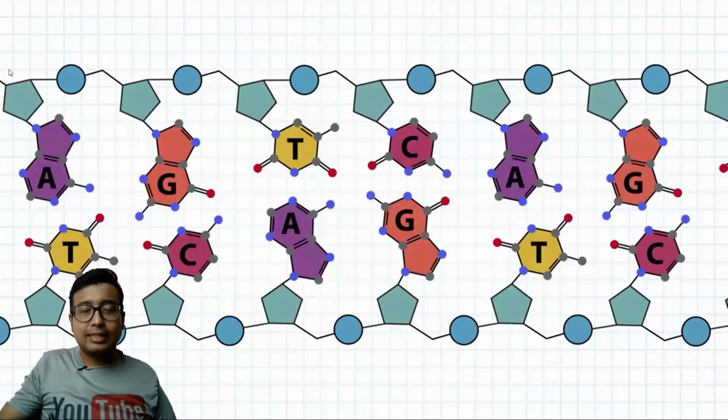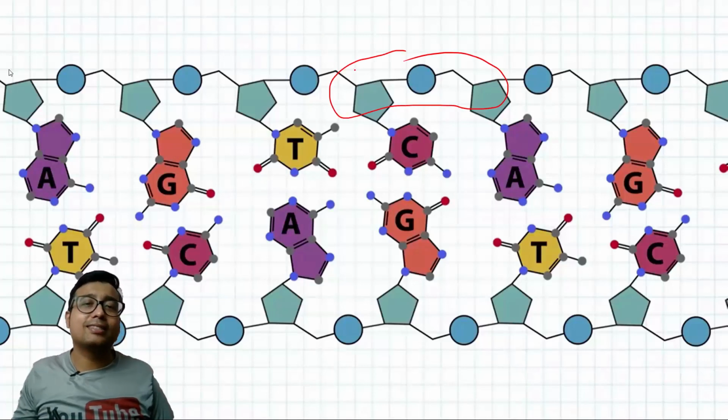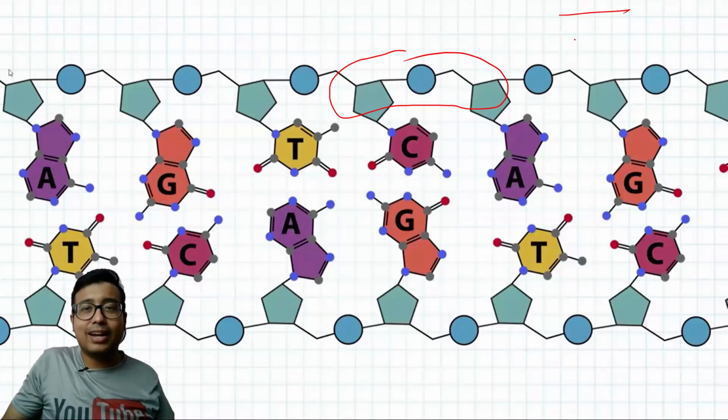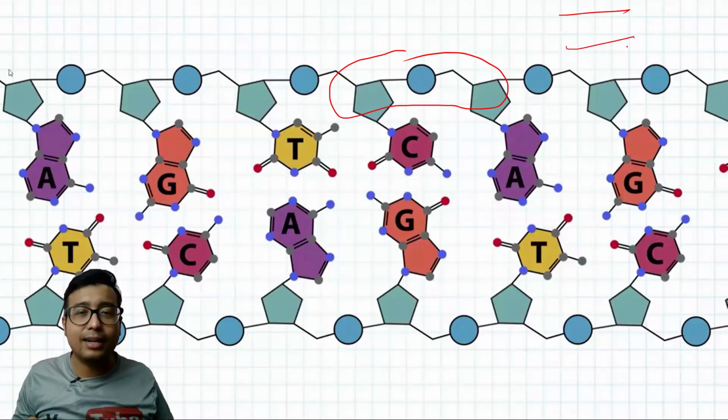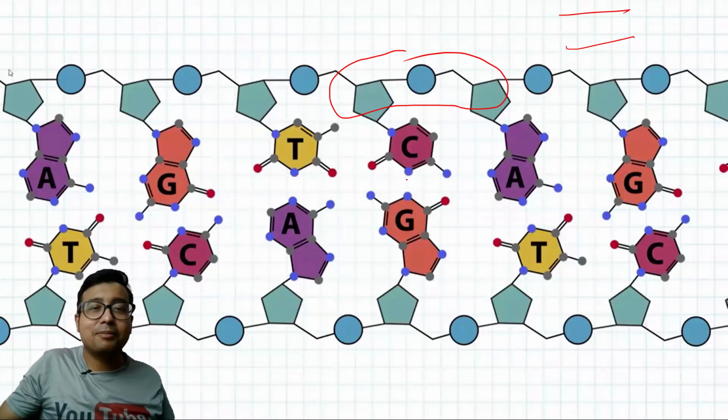Now we know that these are the covalent bonds, that is the phosphodiester bonds, that make the handrail or the backbone. Apart from that, there are many non-covalent bonds. What are those non-covalent bonds? Those are the bonds that exist between these bases.